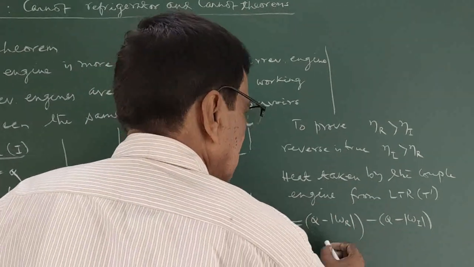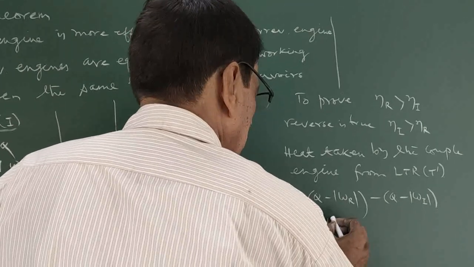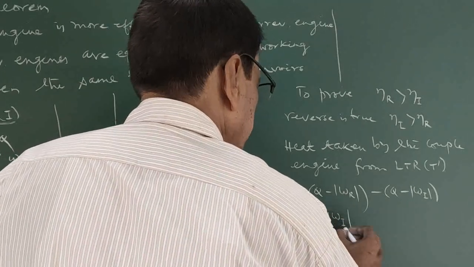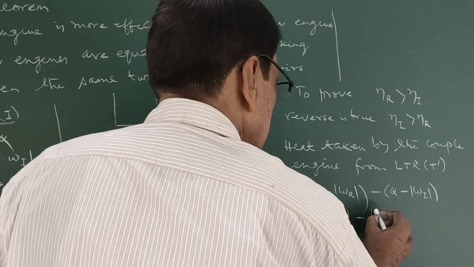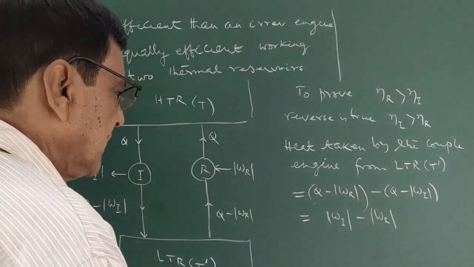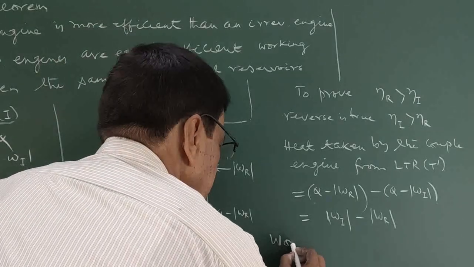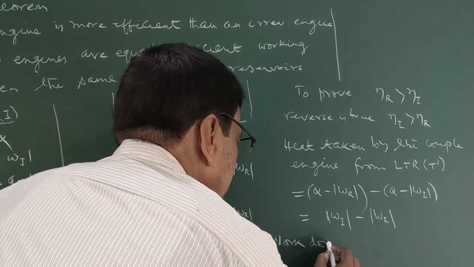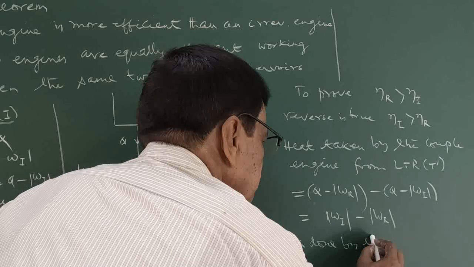Simplifying this, we get modulus Wi minus modulus WR. And the work done by the coupled engine.